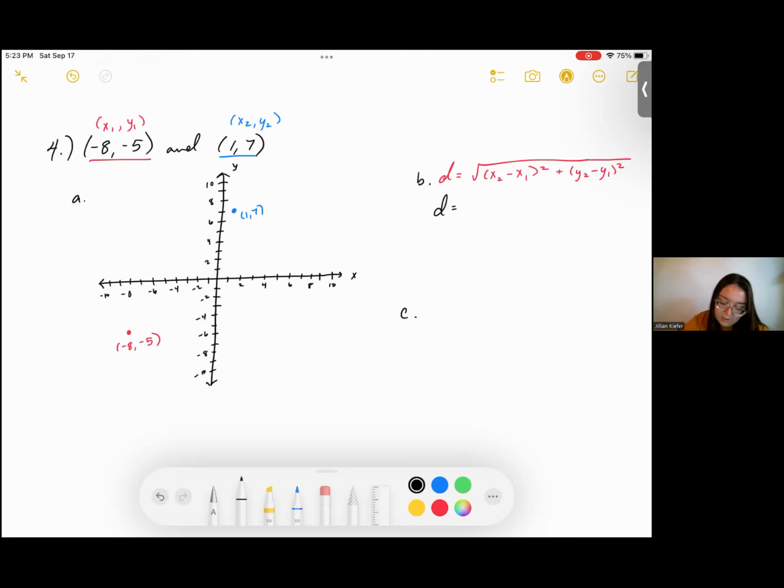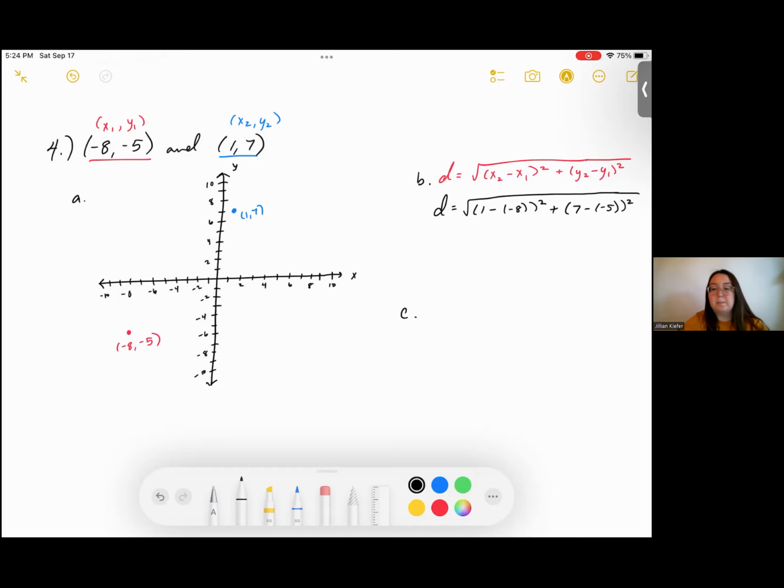So when we plug this into our equation for distance, we'll have x sub 2, which is 1, minus x sub 1, which is -8. And that whole term is squared. And for the y's, we have y sub 2 is 7, minus y sub 1 is -5.